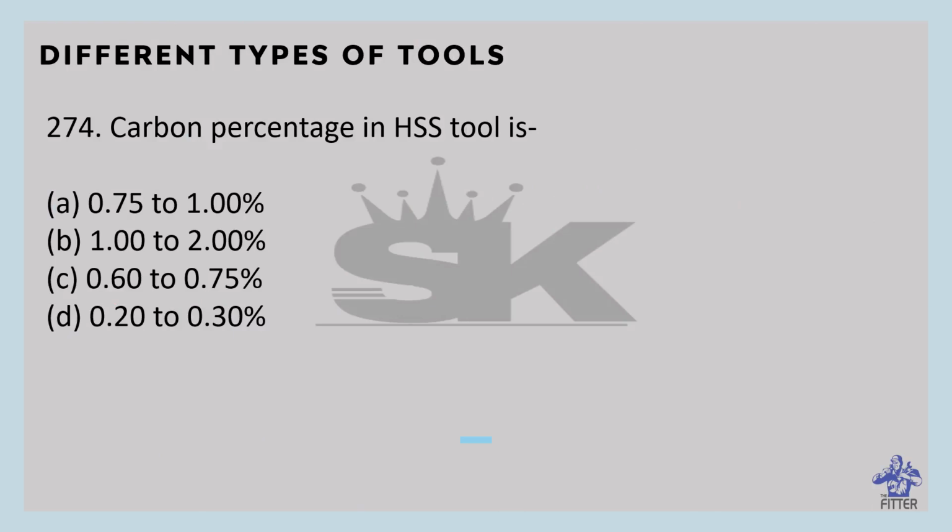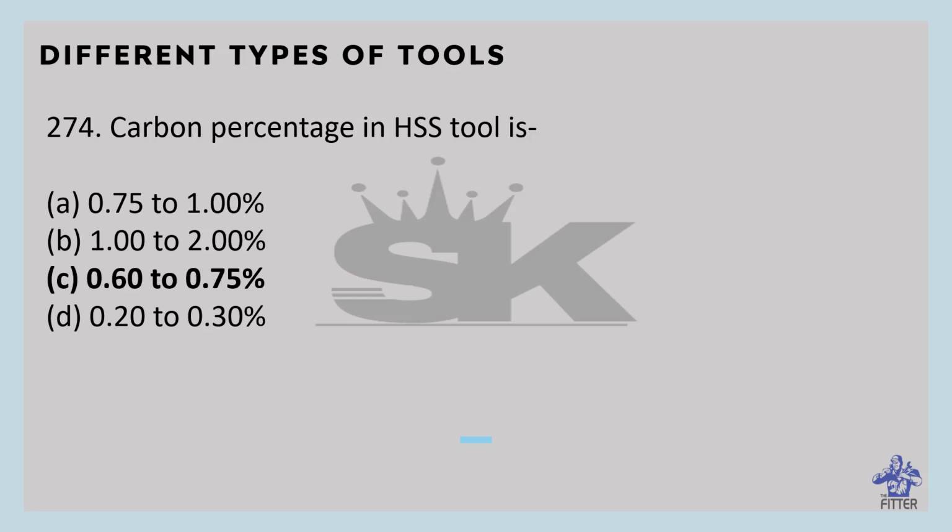Carbon percentage in HSS tool is 0.6 to 0.75% of carbon. A common type high-speed steel contains 18% tungsten, 4% chromium, 1% vanadium, and only 0.6 to 0.8% of carbon.